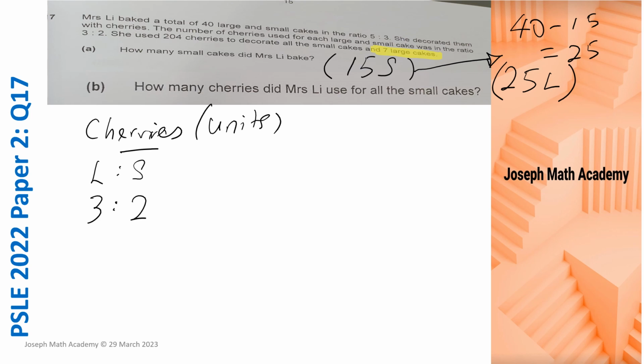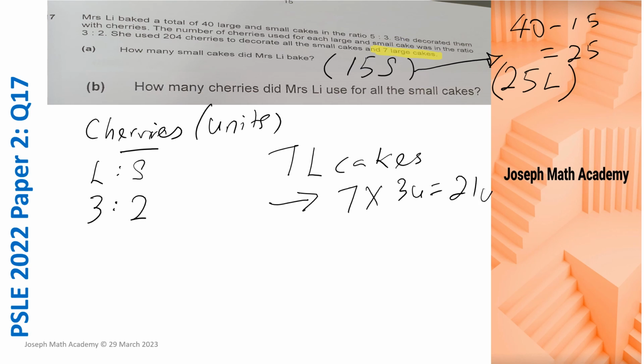So we already know that Mrs. Lee used cherries to decorate 7 large cakes. Now, one large cake, there should be 3 units of cherries. So 7 large cakes should have 21 units of cherries.